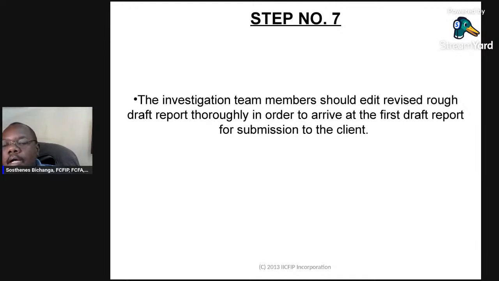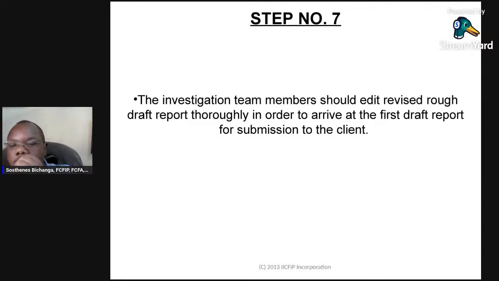So a well done investigation without a good report is like a person without the head, because that person cannot explain himself.